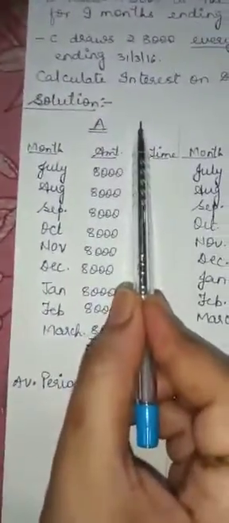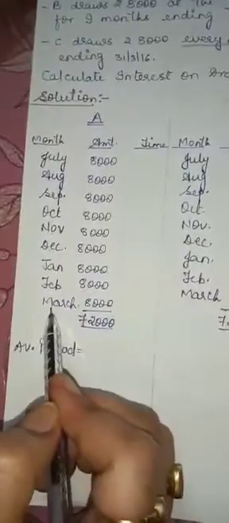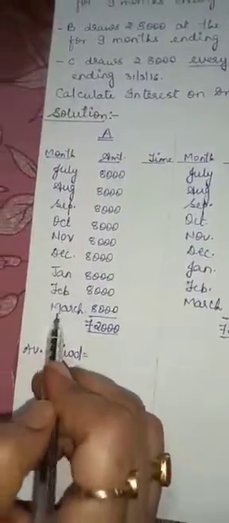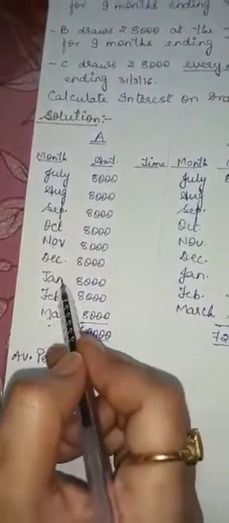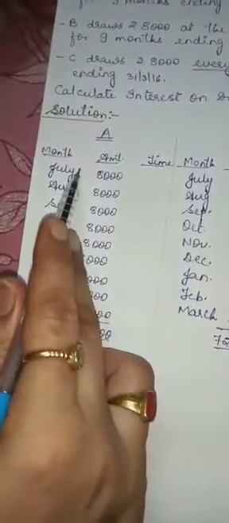Let us take the case of partner A. What has he done? A draws 8,000 in the beginning of every month for 9 months ending 31st March 16. If the 9 months are ending on 31st March, when will it start? That means March, February, January, December, November, October, September, August, July.